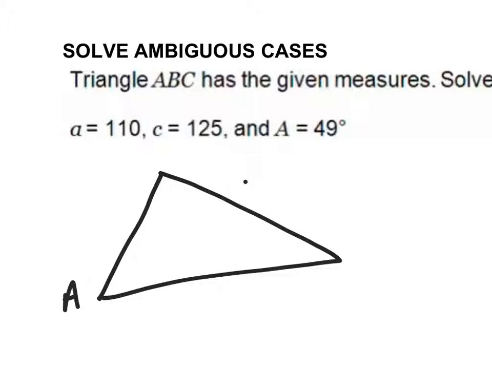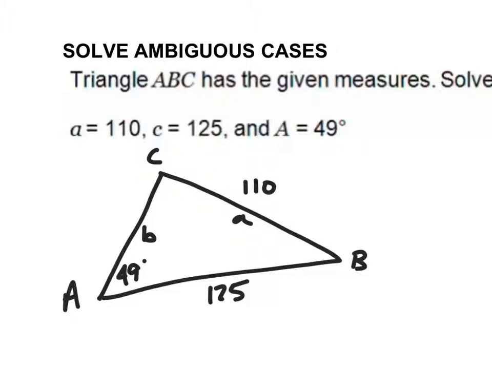So then this is 110 over here. That's side length A. Angle B we'll put over here, and we'll call this side length B. And then we have angle C, and this is 125. Angle A is 49 degrees. Okay, so we're given two sides and an angle. We want to figure out the rest of them.